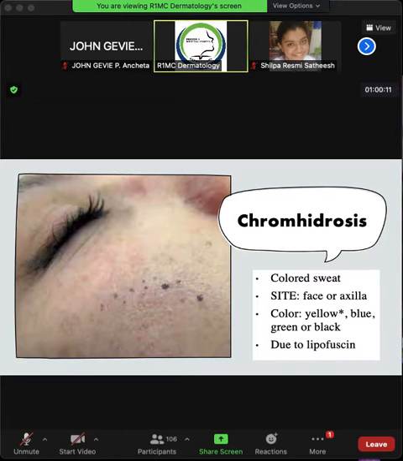The colored sweat may be yellow, which is the most common, blue, green, or black, and your colored apocrine sweat fluoresces and is caused by your lipofuscin. So treatment includes your Botox and your topical toxins.